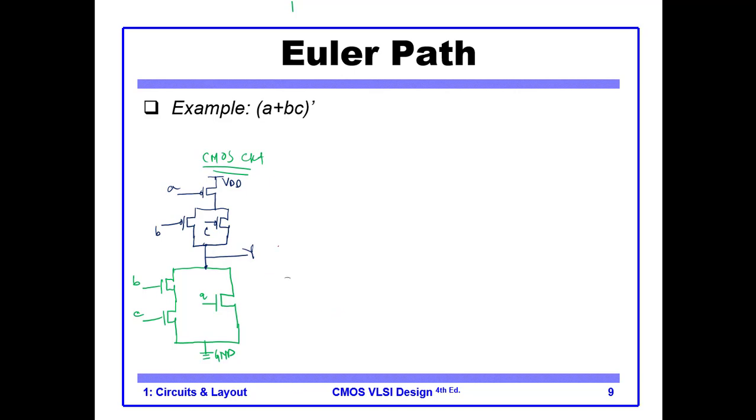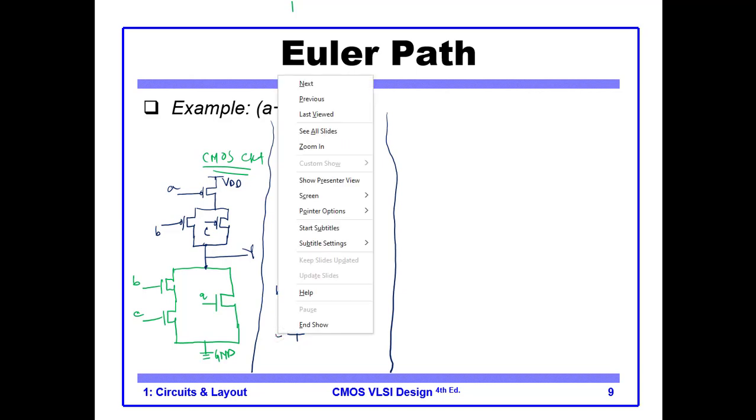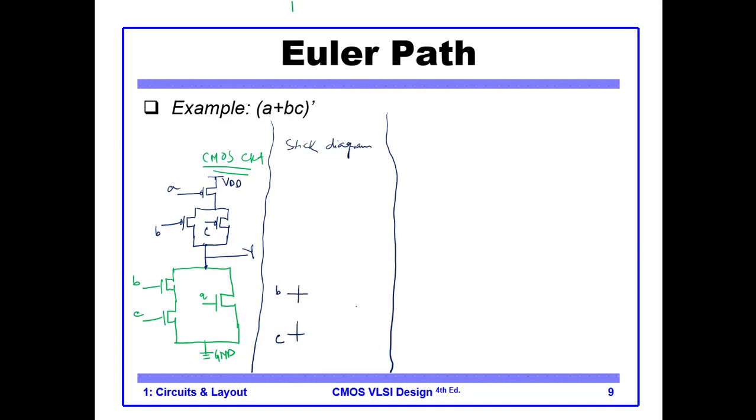Okay, so let's go through an exercise to build the stick diagram of this one. So one option is this one, that we put this is B, this is C. I told you this kind of plus sign is for transistor, it can denote any transistor.